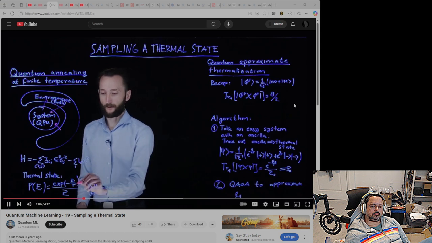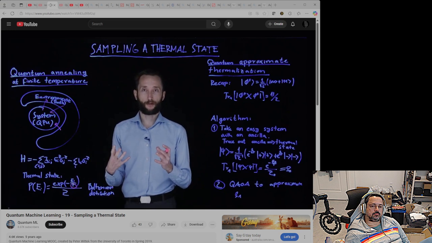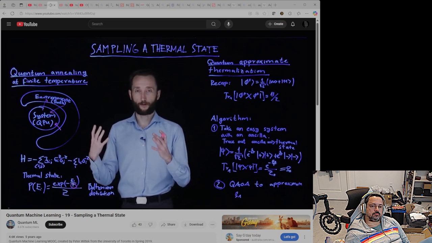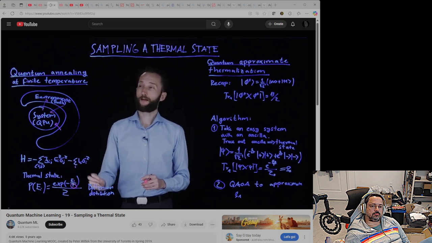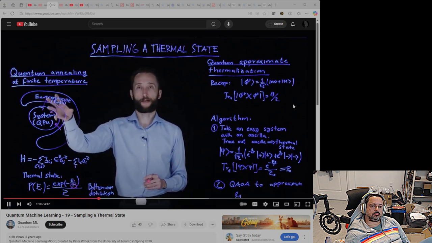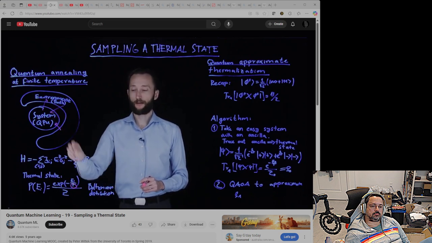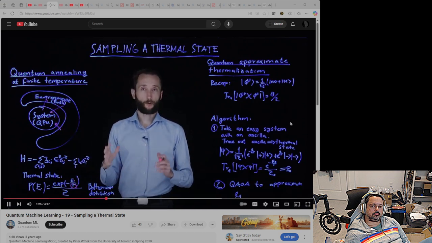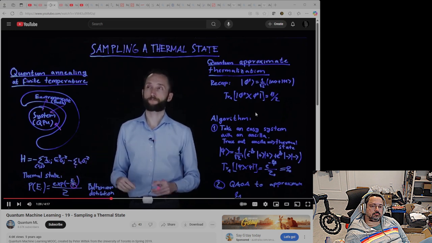The only difficulty is that this temperature is not what you read out on the thermometer in your dilution refrigerator that cools down your superconducting system. It's an effective temperature which comes also from the noise and other factors that surround the quantum processing unit. So this has to be estimated, but once you do that, you can use this as an algorithmic primitive.